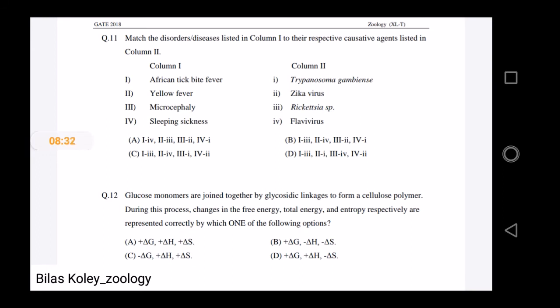The options in column 2 are Trypanosoma gambiense, Zika virus, Rickettsia, and flavivirus. After the right rearrangement of column 1 and column 2, we will get the answer, and the correct option for this question is option B.